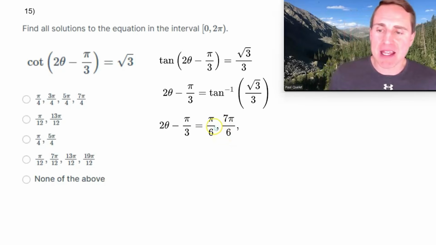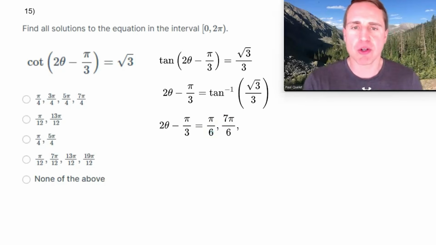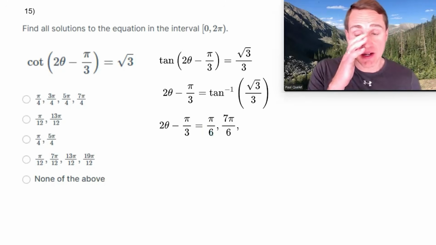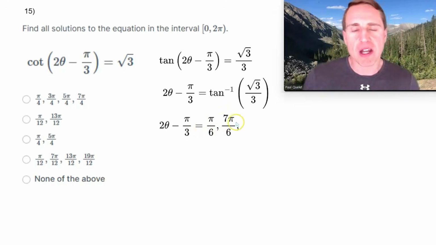So when we also consider other tangent angles, let's consider some other angles on each end that also might be coterminal angles with these, but then after adding the pi over 3 and dividing by 2, they might still fall between 0 and 2 pi.